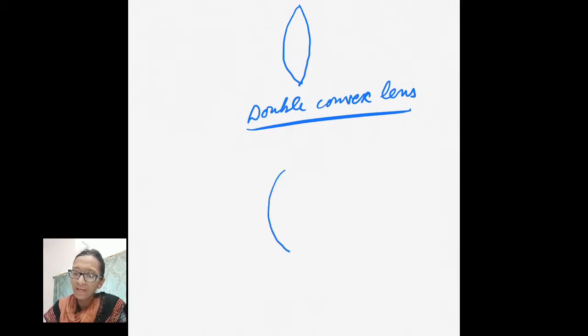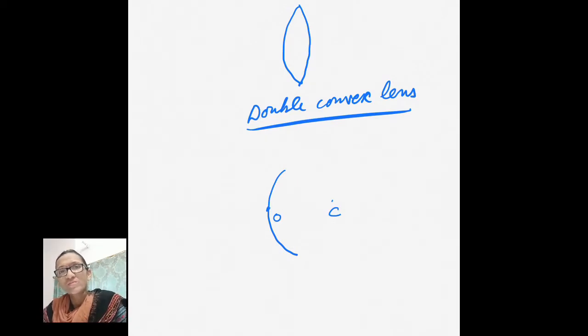Let me take first of all its first surface. This is a part of a sphere, so it would have some center of curvature. In lenses you have not poles, you have an optical center.